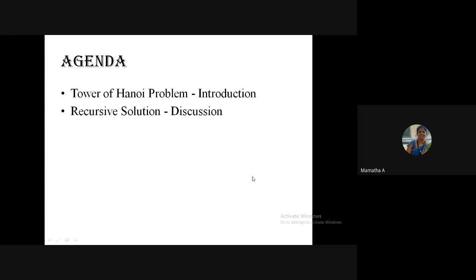Can anybody tell me the two ways, the two programming paradigms you would have seen in your theory class? Ma'am, one using a for loop, the other using recursion.